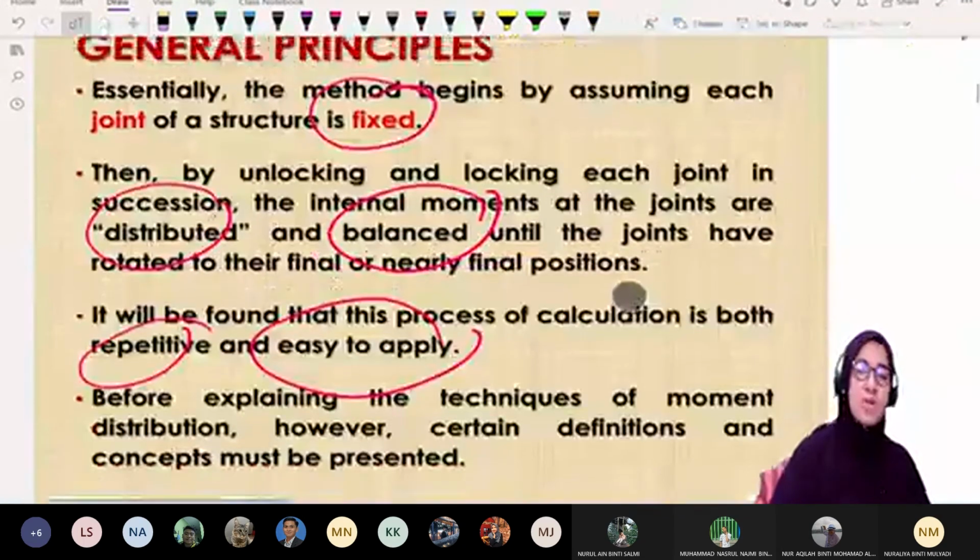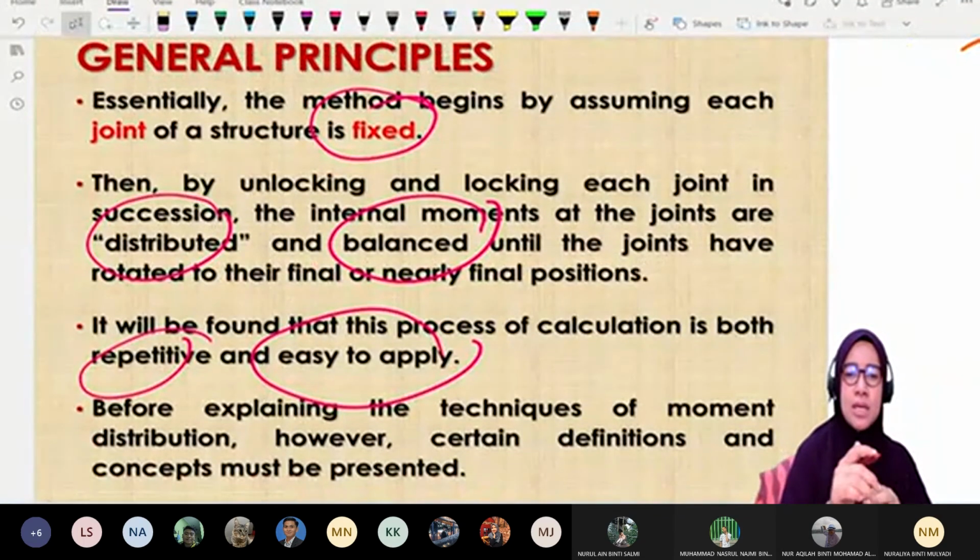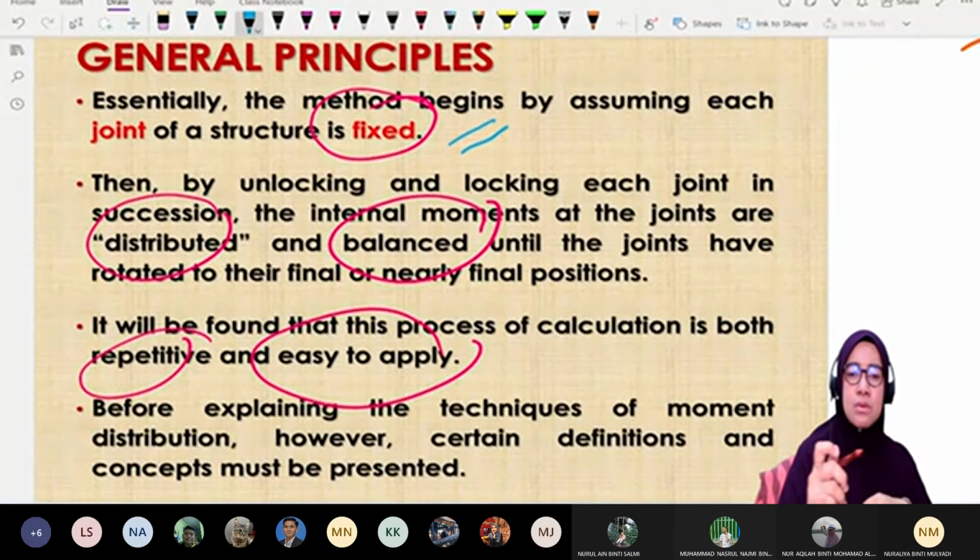This is the principle, and the earlier part relates to fixed end moment. Then we distribute and balance, and this process is repetitive and easy to apply.